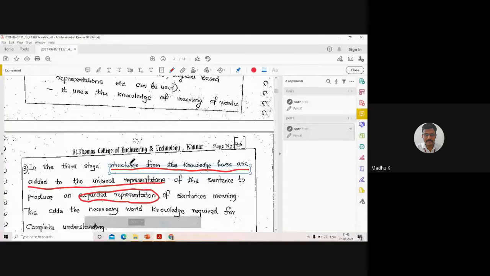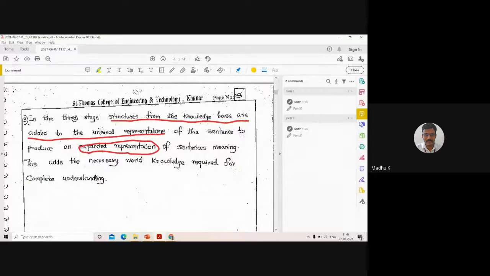We add more knowledge, the global knowledge, to the internal representation, and this is called the expanded representation. This adds the necessary world knowledge required for complete understanding of the text. So these are the three stages in the conversion, and next we want to discuss an example.